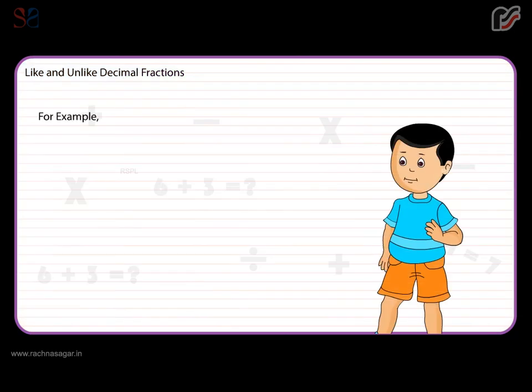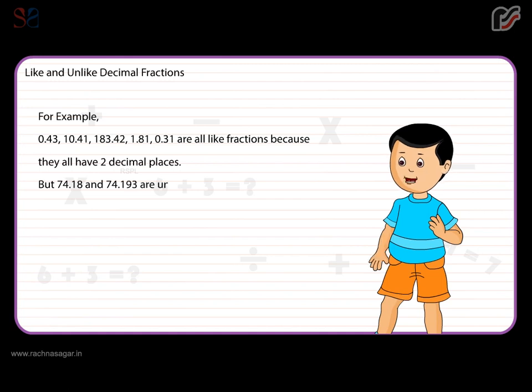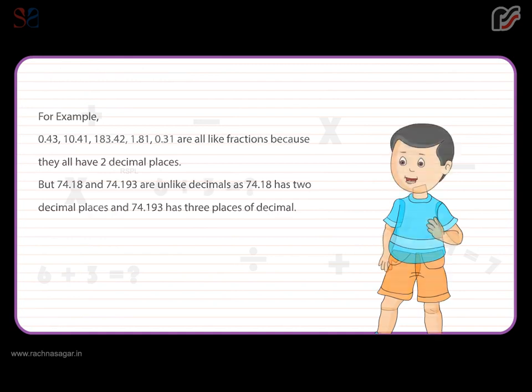For example, 0.43, 10.41, 183.42, 1.81, 0.31 are all like decimals because they all have 2 decimal places. But 74.18 and 74.193 are unlike decimals as 74.18 has 2 decimal places and 74.193 has 3 places of decimal.